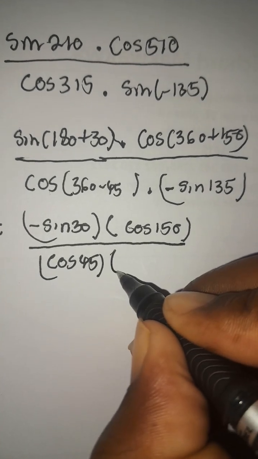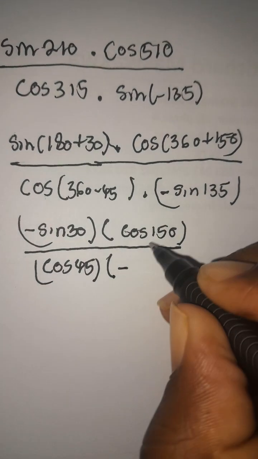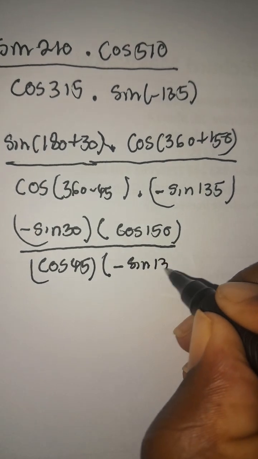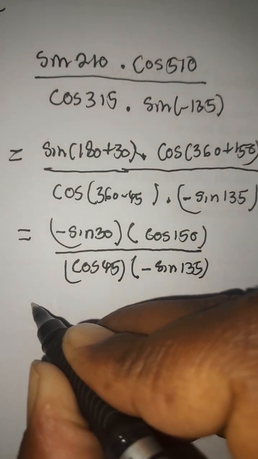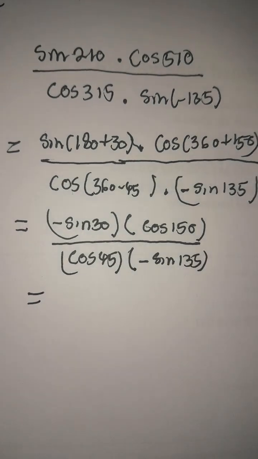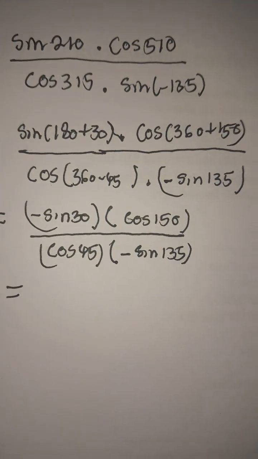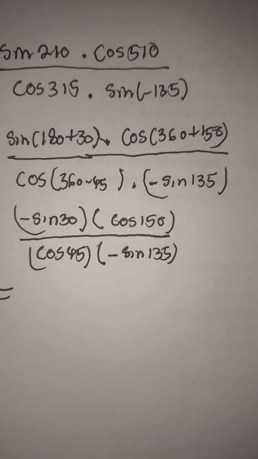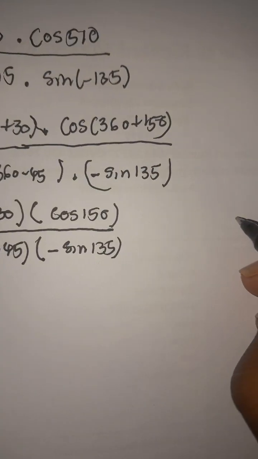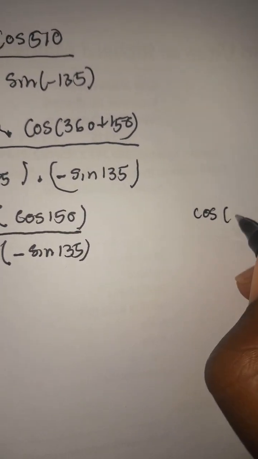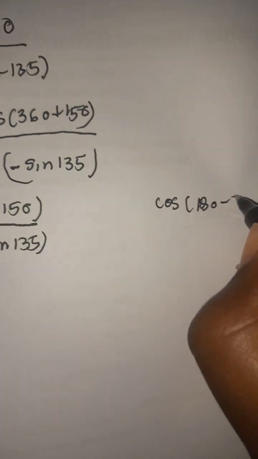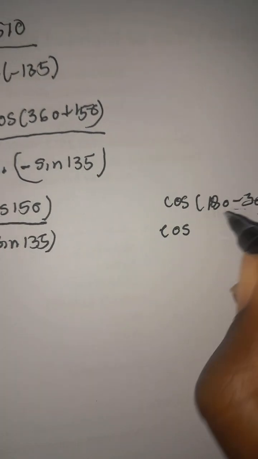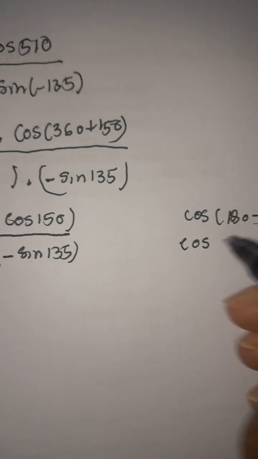Then we also have negative sine 135. Let's reduce this 150. If we say 180 minus 150 for cos, right? Let's reduce cos. That will be 180 minus 30. So let me just do it aside. If I say cos of 180 minus 30 there, guys, this gives us cos 150.